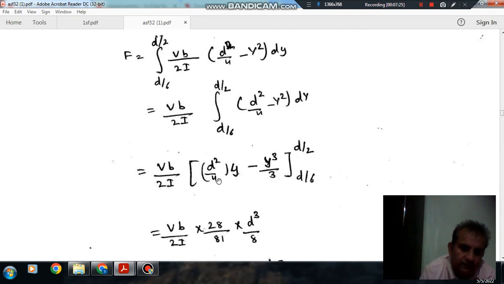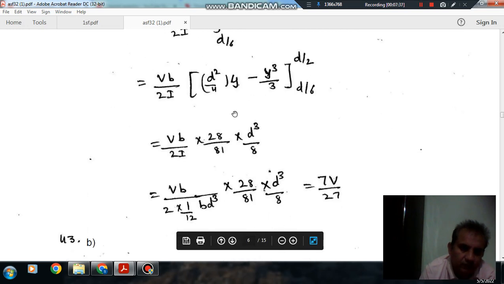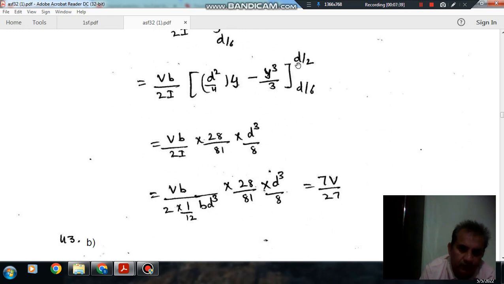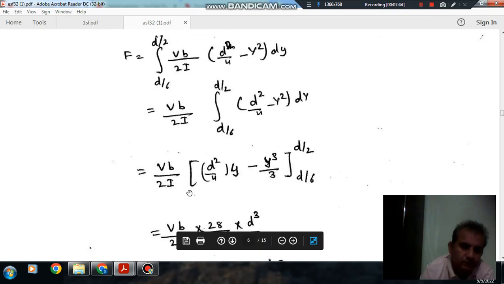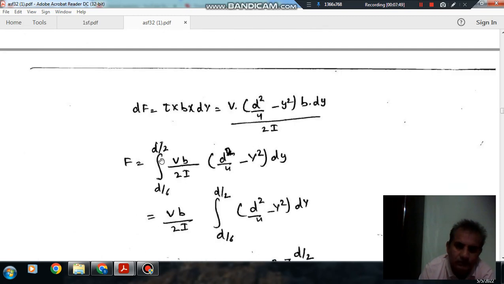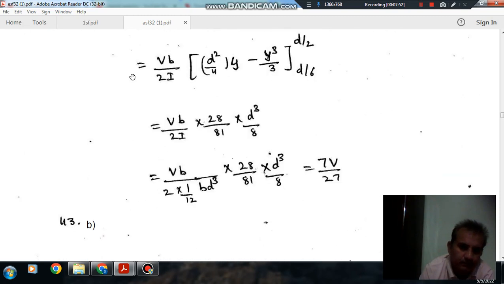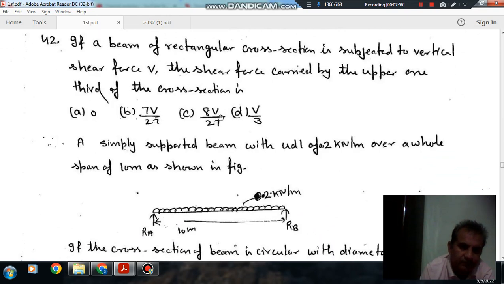If we integrate it, we get D square by 4 into y minus y cube by 3, with limits D by 6 to D by 2. Putting in these limits and solving, we get 7V by 27. So the answer to this question is option B, 7V by 27.